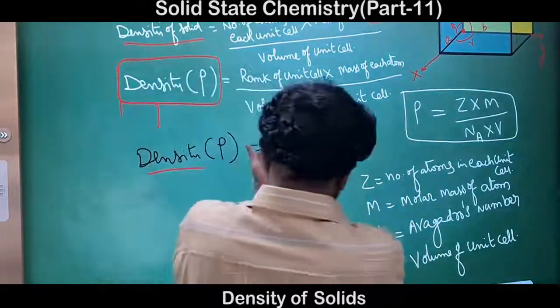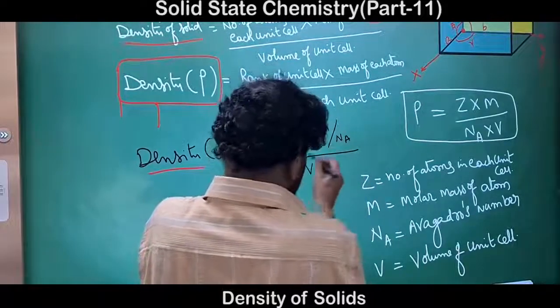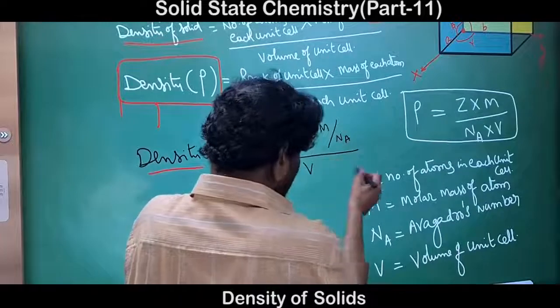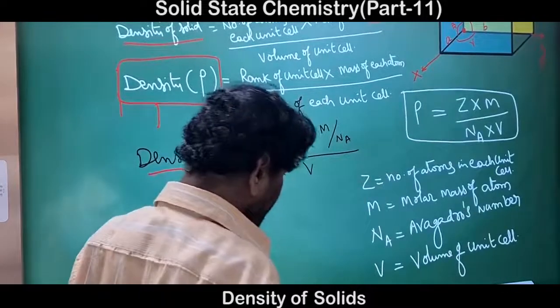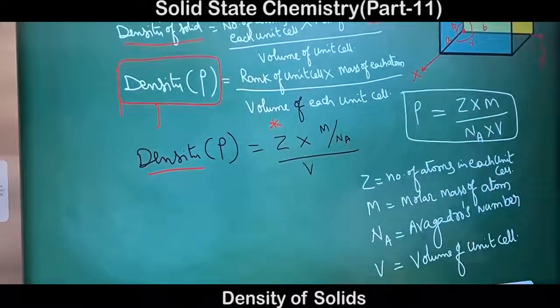The numerator gives the mass of each unit cell, and the denominator is the volume of each unit cell. Therefore, density is equal to rank Z times M, where M is the molar mass of the atom, lattice point, or molecule.